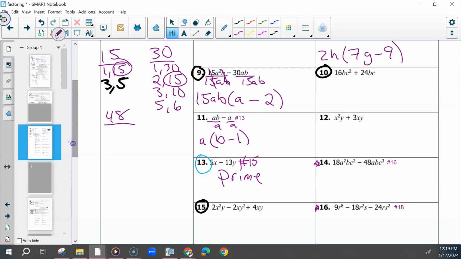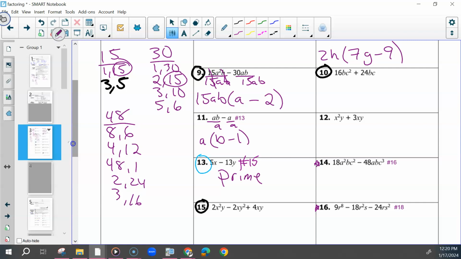What are some factors of 48? 8 and 6. 4 and 12. 48 and 1. 24 and 2. 3 and 16. 3 and 6. I think we have everything.